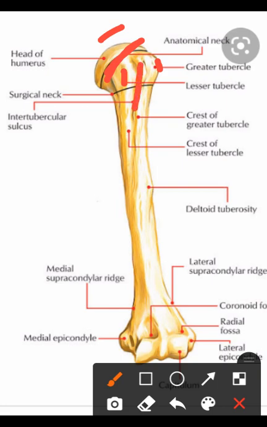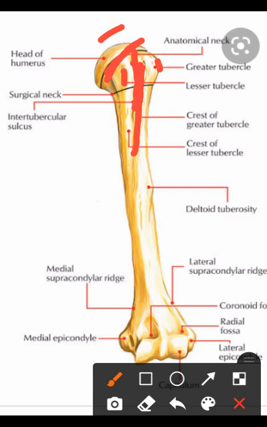Between the two tubercles, there is the intertubercular sulcus or groove. Note that in this groove, the tendon of the long head of the biceps brachii muscle runs.